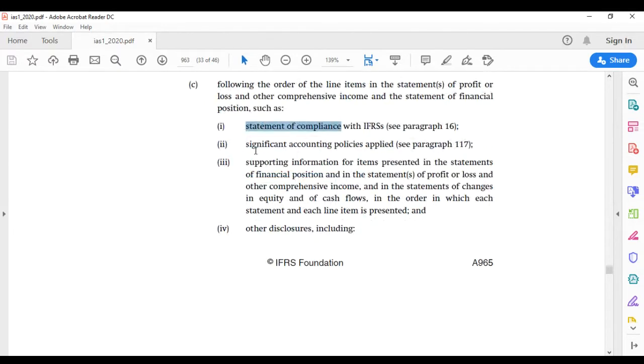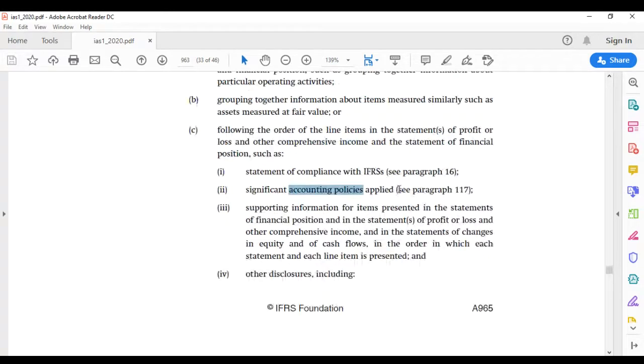Our second category of notes are all the various accounting policies. So if we've got a specific accounting policy for property, plant and equipment, we'll describe the policies here. If we've got specific accounting policies with regards to inventories or financial assets or financial liabilities for that matter, then we're going to supply our various accounting policies in the next notes. The first one amongst our accounting policies is what we describe as the basis of preparation.